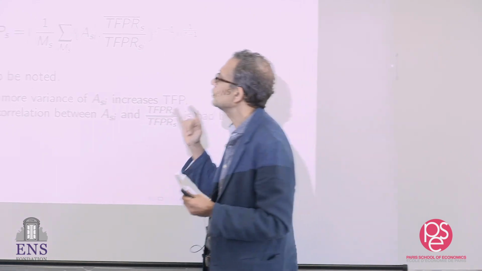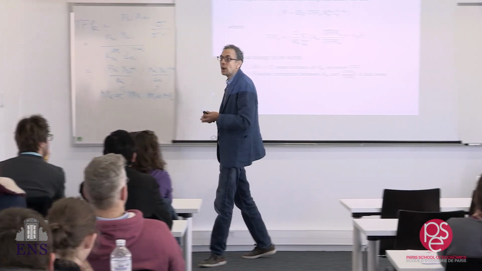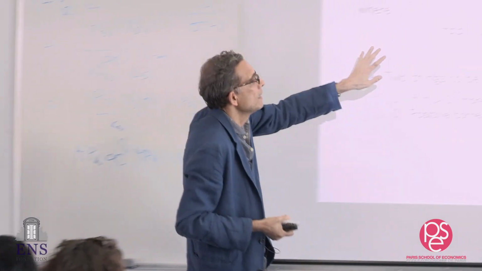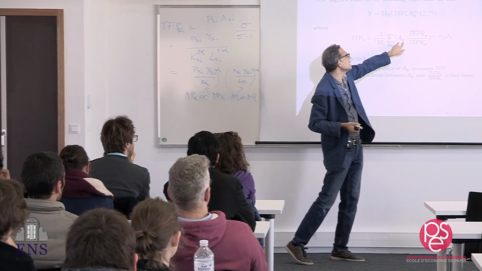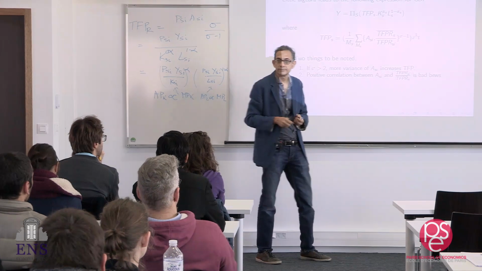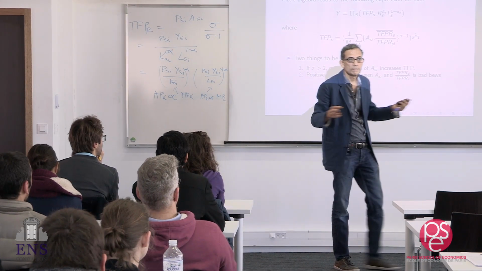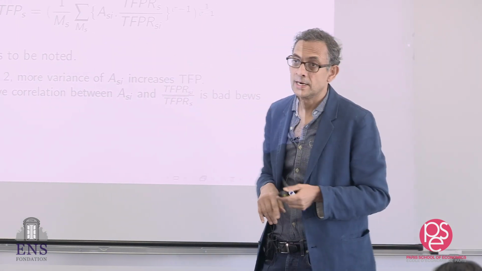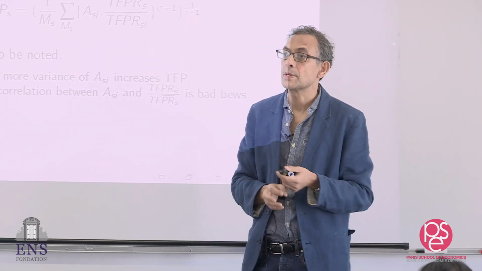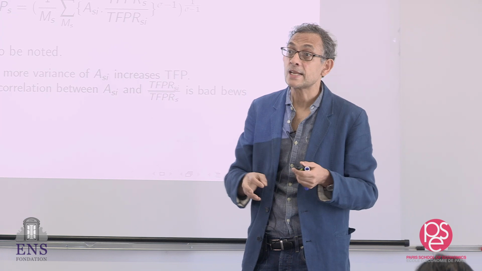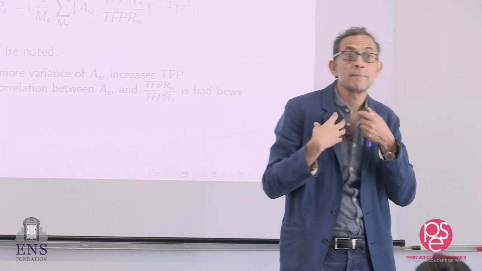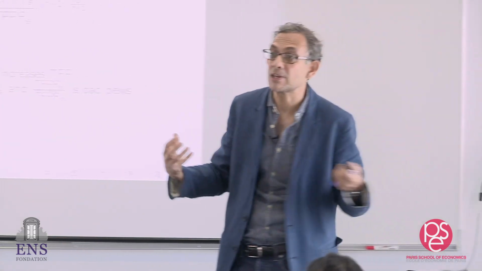Now, there are two things being said here. One is that variation in A is not necessarily bad here, per se. If some firms are more productive, that doesn't. This is not a model which is saying mechanically that if there's any variation, that's all bad.